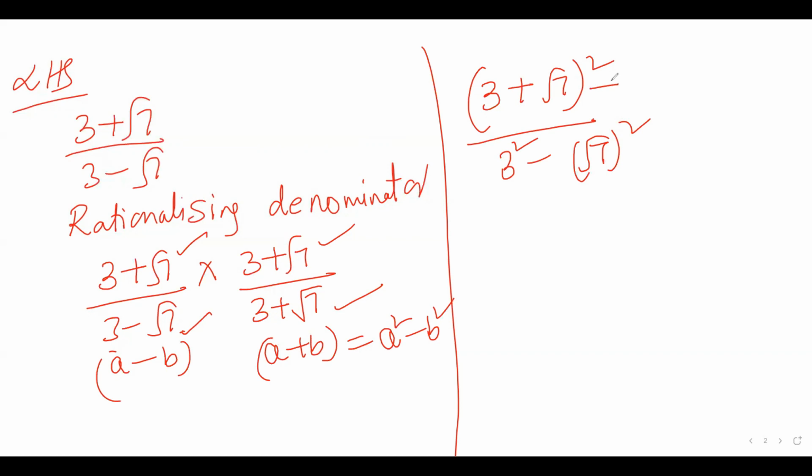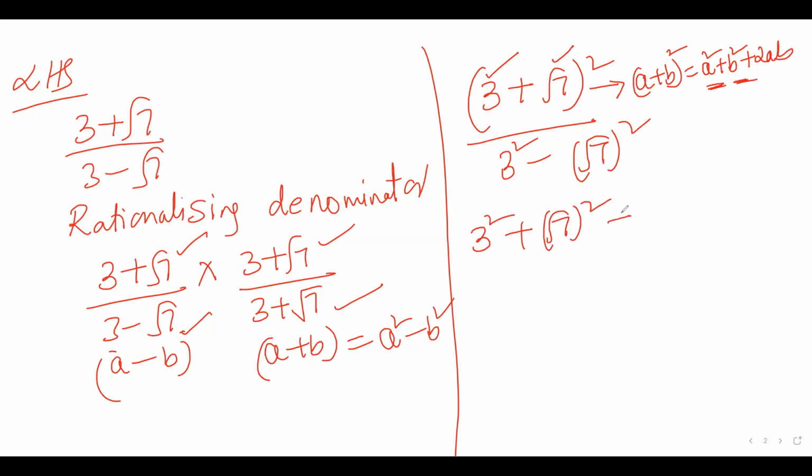Now this should be expanded using the formula a plus b whole square, and the formula is a square plus b square plus 2ab. So this is a and this is b. So a square means 3 square, b square root 7 square, 2ab, 2 into 3 into root 7.